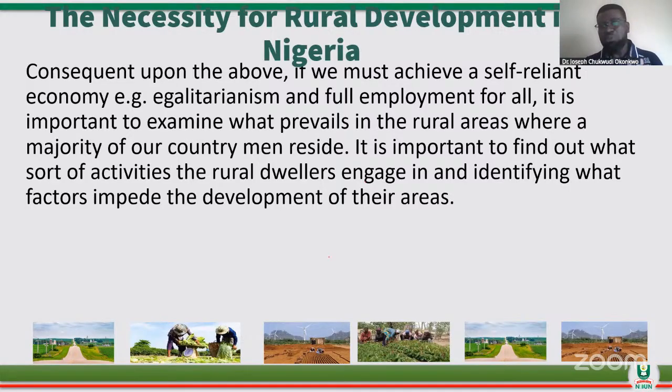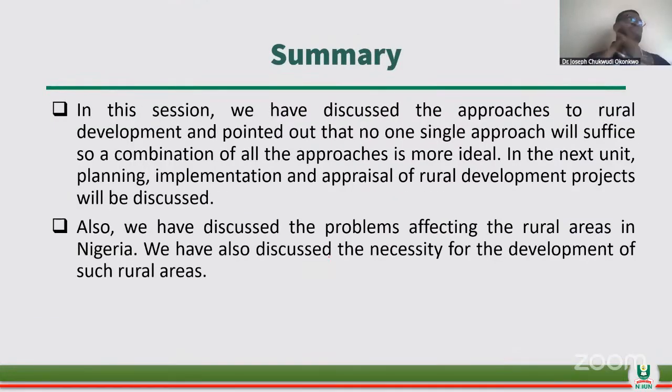It is important to find out what sort of activities the rural dwellers engage in and identify what factors impede the development of their areas. Very, very important. So in summary today, we've discussed the approaches to rural development and pointed out that no single approach will suffice.